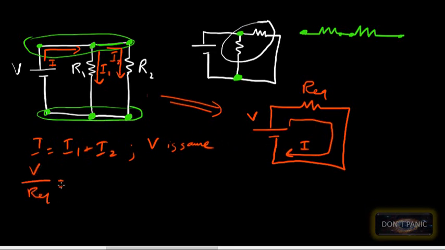And I1 is equal to the voltage across R1 divided by R1. So voltage across R1 is V, and voltage across R2 is the same as voltage across R1, which is V. So it becomes V over R2, so V's cancel.